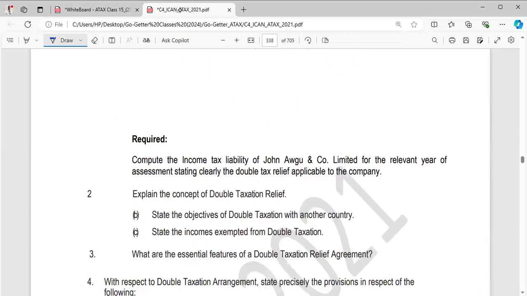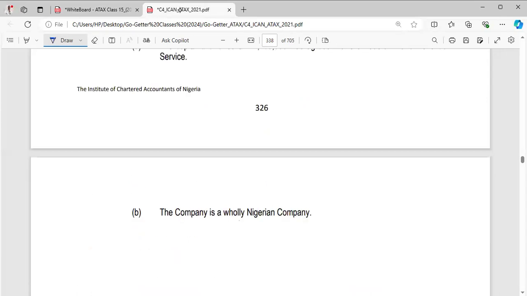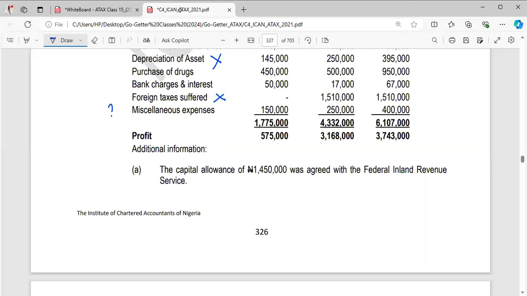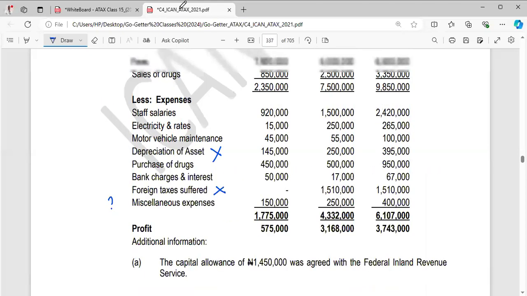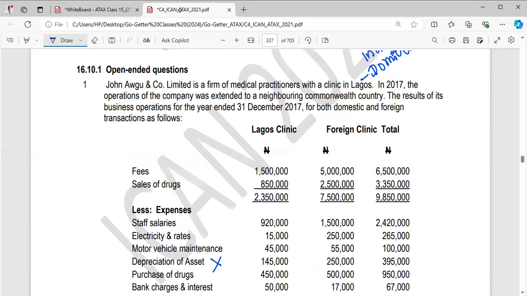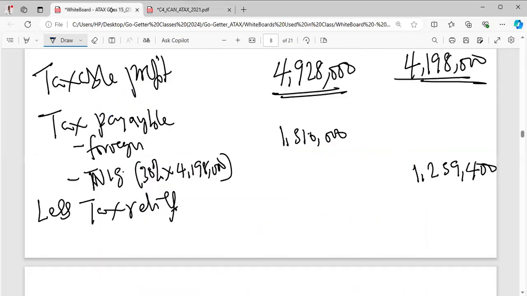Now, there is no taxation agreement because if it is stated, it must be stated in the question. If there is a double taxation agreement, it must be stated in the question. Then if it is silent, then it's safe to assume that there is no double taxation agreement. So you will now say no DTA.